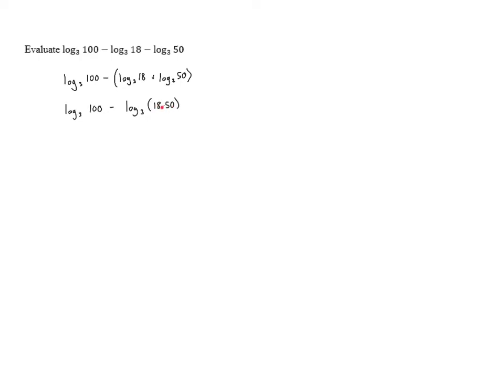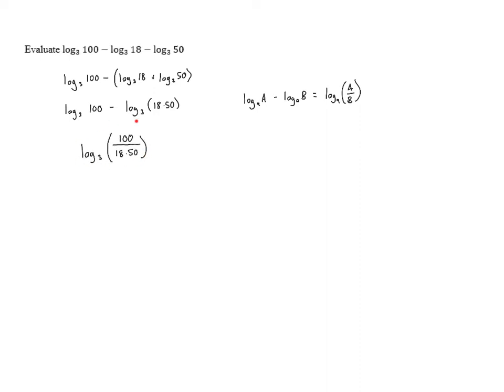And I'm not actually going to multiply these out just yet because we can combine these two logarithms into one using the law that says if we have log base a of capital A minus log base a of capital B, we can rewrite this as a single log base a of capital A over capital B. Basically, the difference of two logarithms is equal to the logarithm of the quotient, and so we can combine these into one logarithm, log base 3 of 100 over 18 times 50.